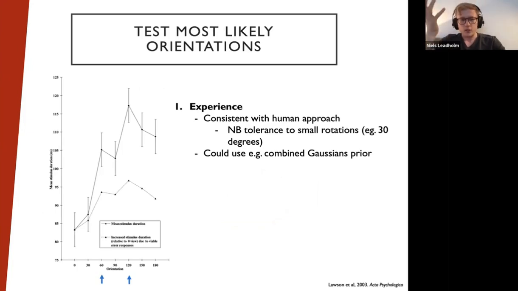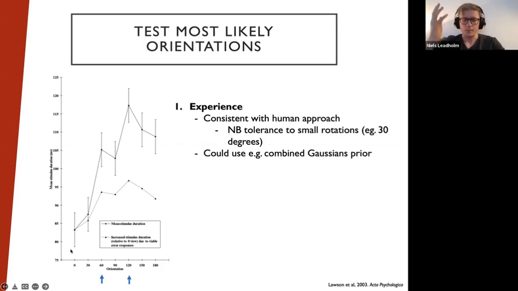And interestingly, humans do seem to do something like this. This is a study where they looked at how quickly people are able to recognize line drawings, 2D images of things like airplanes and boats that were oriented in the plane at various angles. This is how quickly people recognize it, so lower down is faster, is better.